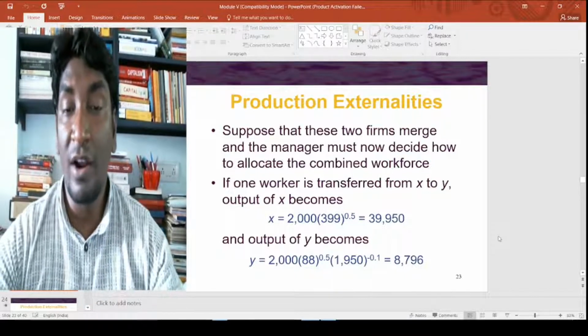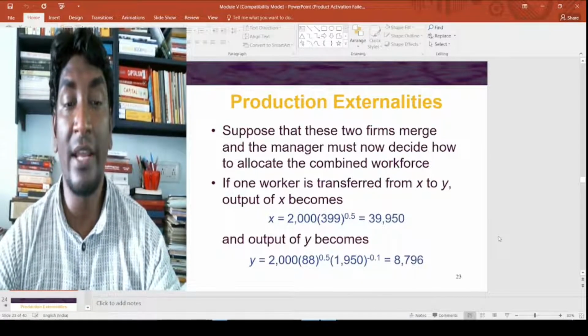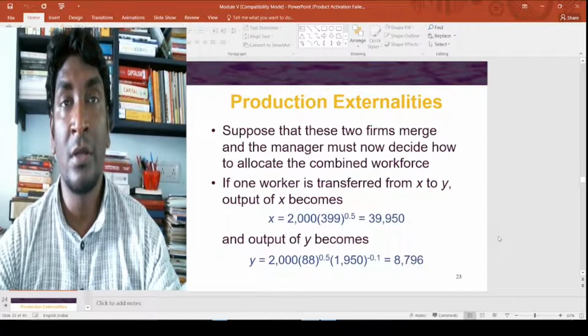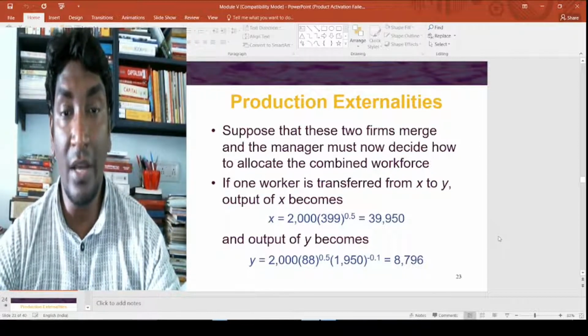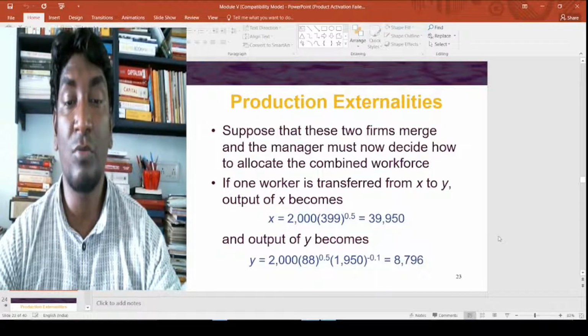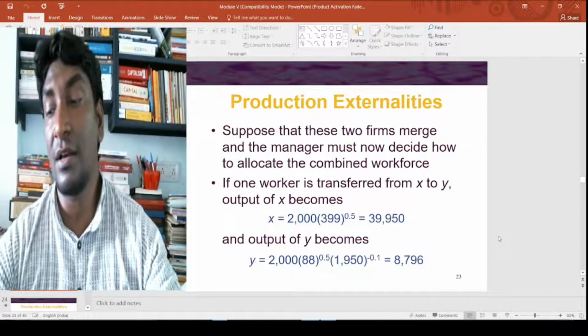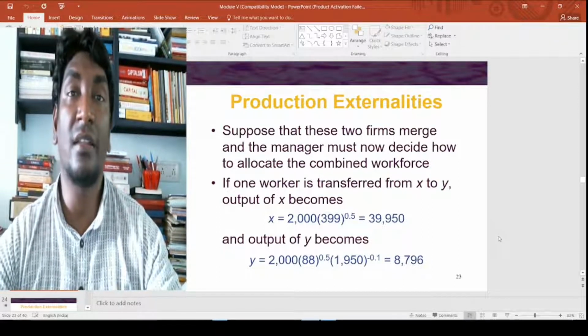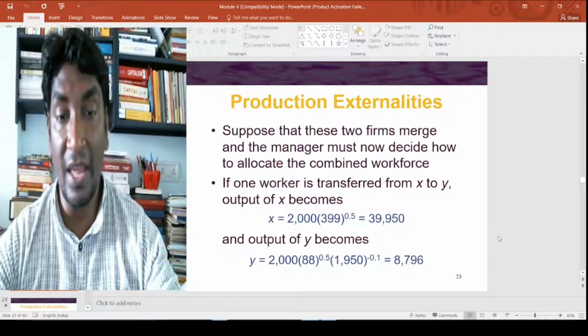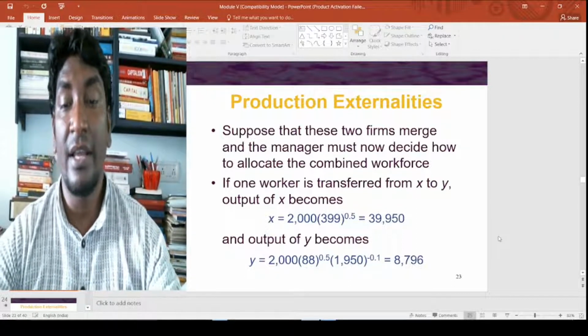Now, if one worker is transferred from X to Y, output of X becomes higher. That is X equal to 2000 times 399 to the power of 0.5, so it is roughly 39,950, and output of Y becomes 8,796.